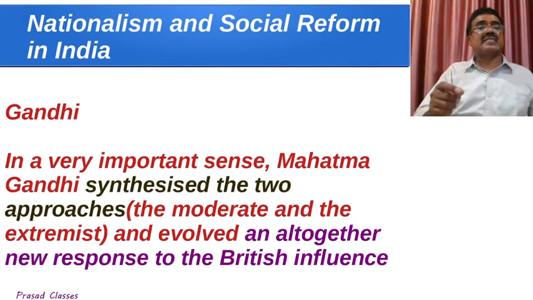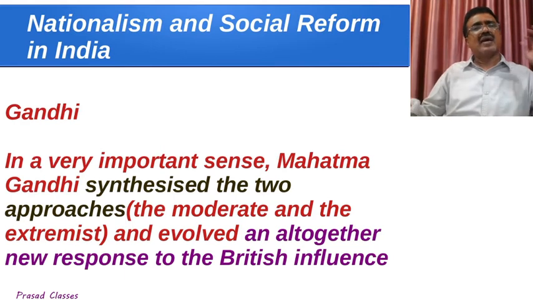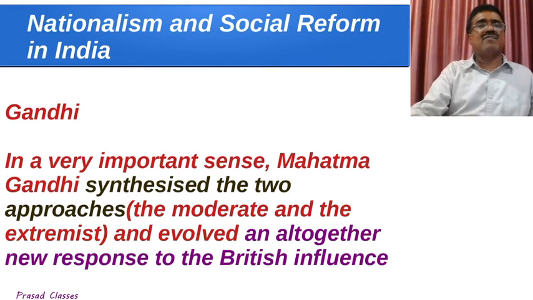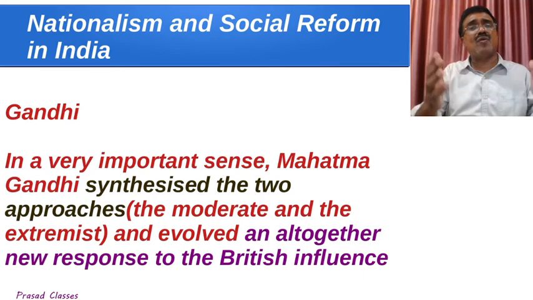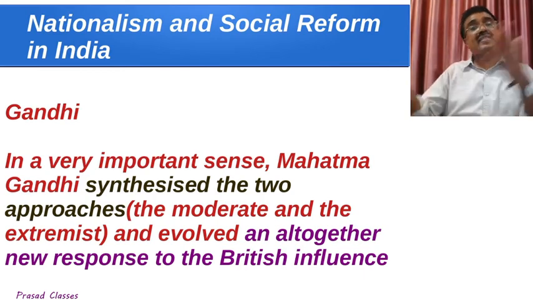The moderate and the extreme, and he evolved an altogether new response to British influence. He was influenced by Western thinkers as well, pacifist Western thinkers, Thoreau, Ruskin. There are many other influences, right? Buddha, he was influenced by, but he was influenced by the Indian traditions equally or more than these ideas also.